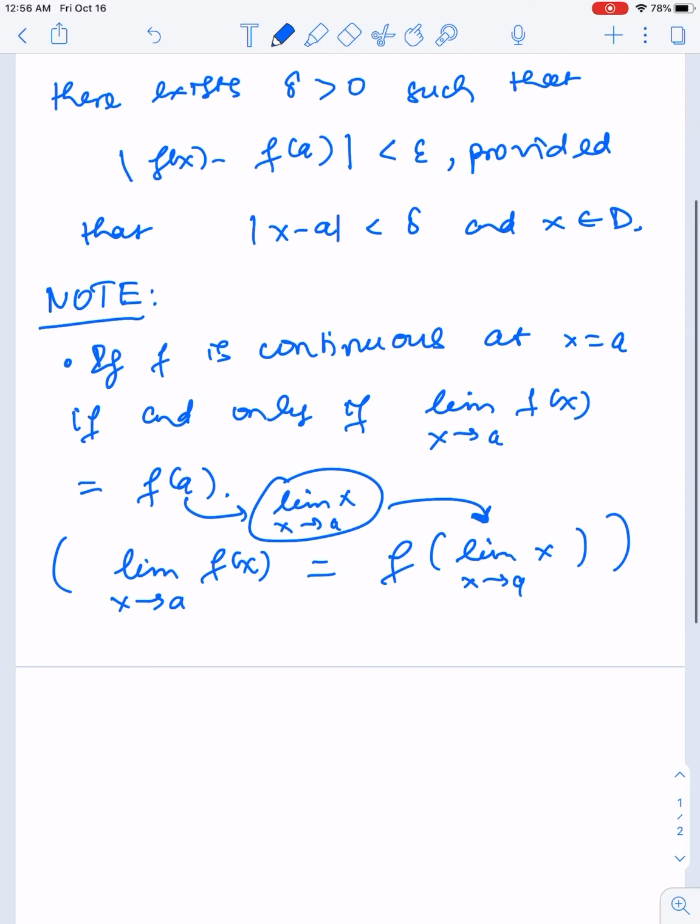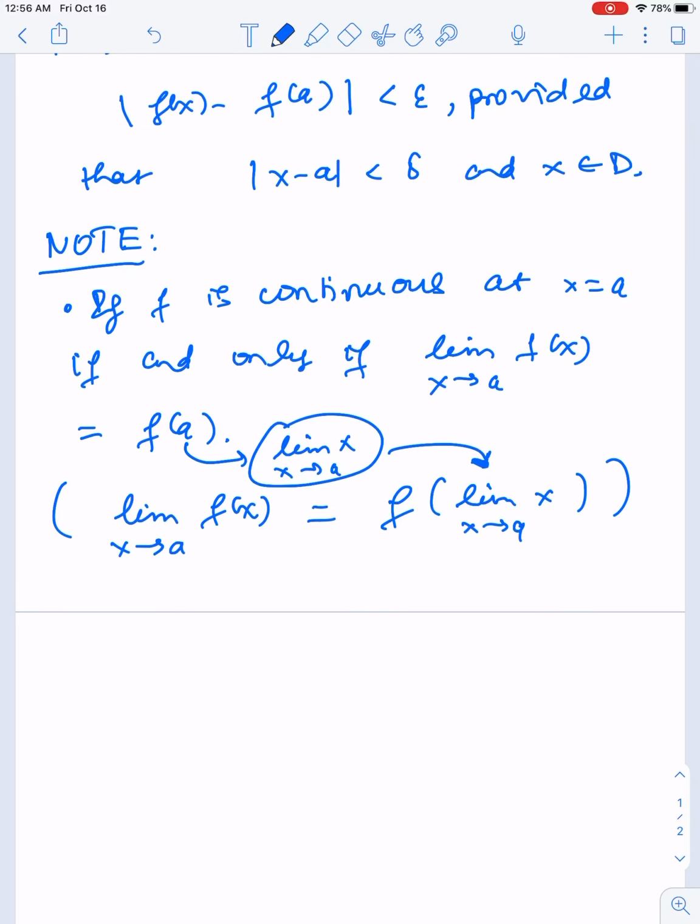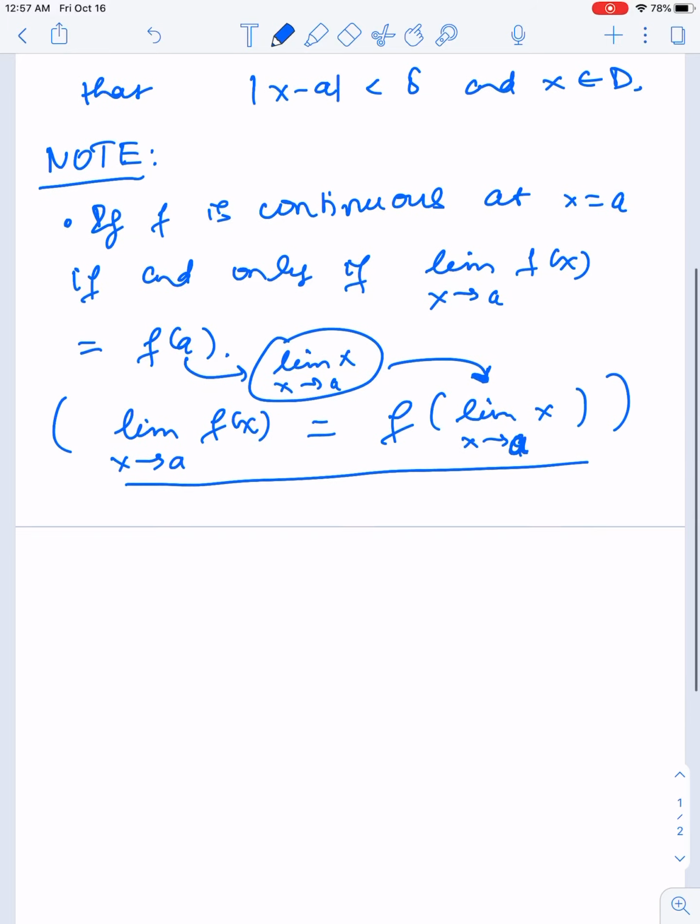So it's the same thing, but two different ways to write it. And what does this equation mean? It just tells us that we can take the limit inside a continuous function.